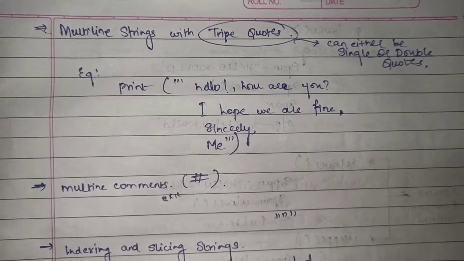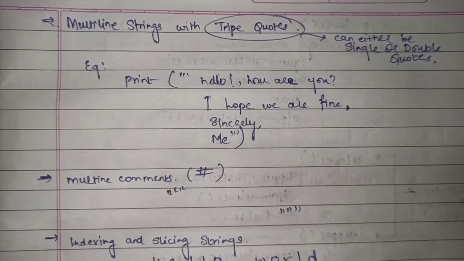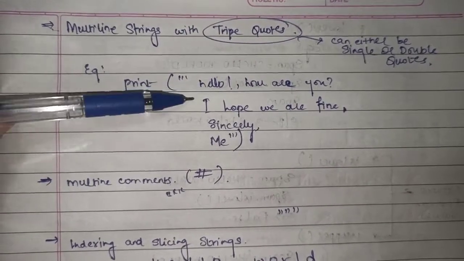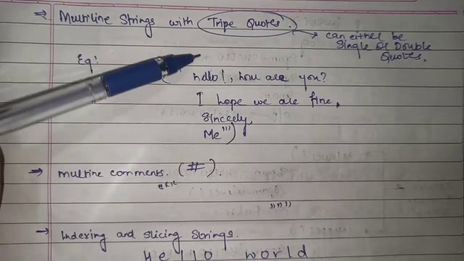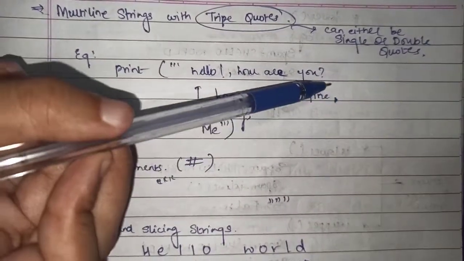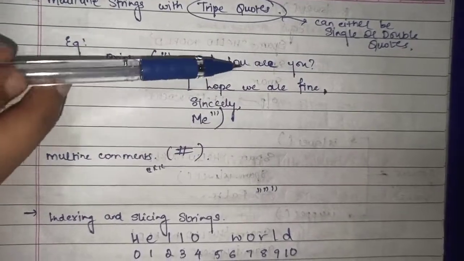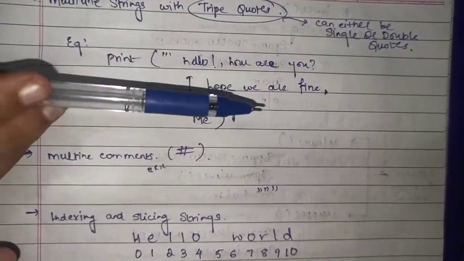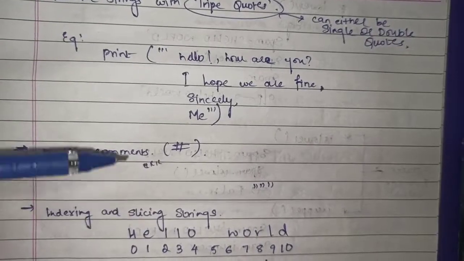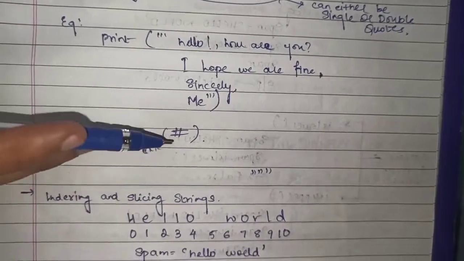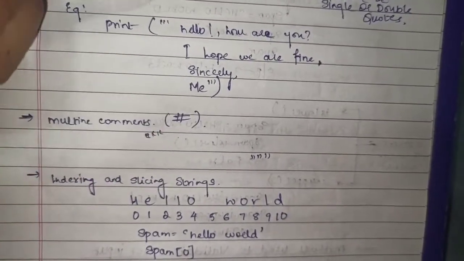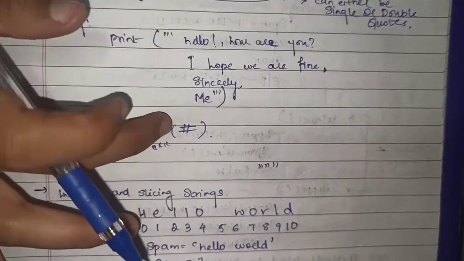So coming to the next topic, that is multi-line strings. How do you represent multi-line strings? Suppose you want to print something like hello, how are you in one line, then I hope you are fine in the next line, and sincerely in the next line, and me in the next line. You want it printed as the same thing.